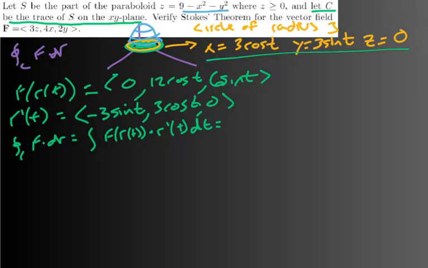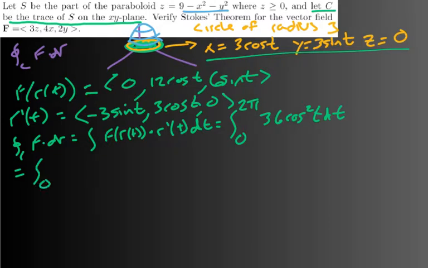If you do that out, it's quite a nice dot product because you get 0 and 0. So this is the only thing that contributes. We are going a full 2 pi around the circle. And we go 3 times 12 is 36 cosine squared t dt.